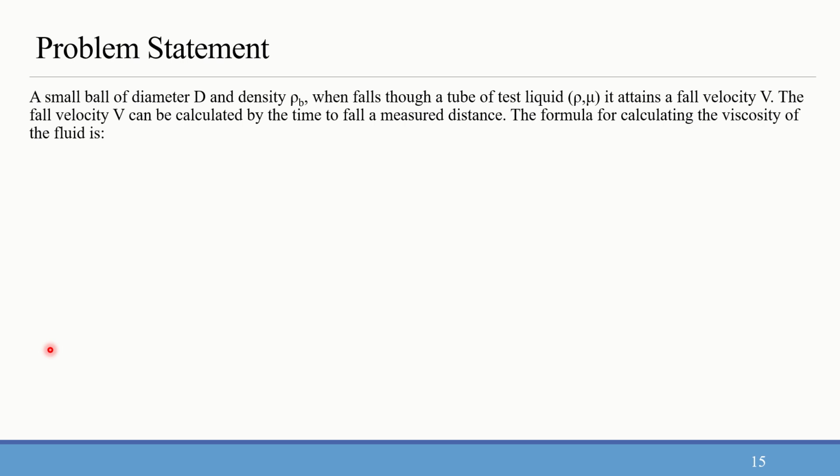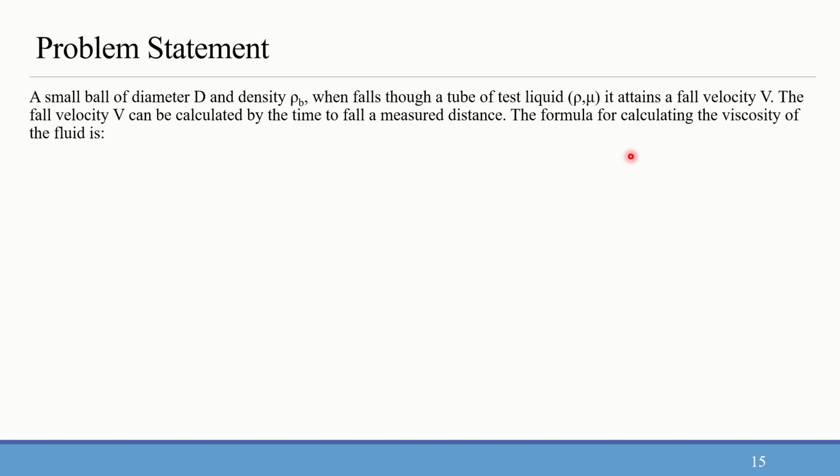So what is given here? A small ball of diameter d and density rho b falls through a test tube of test liquid having density rho and viscosity mu. It attains a fall velocity v. The fall velocity v can be calculated by the time to fall a measured distance.